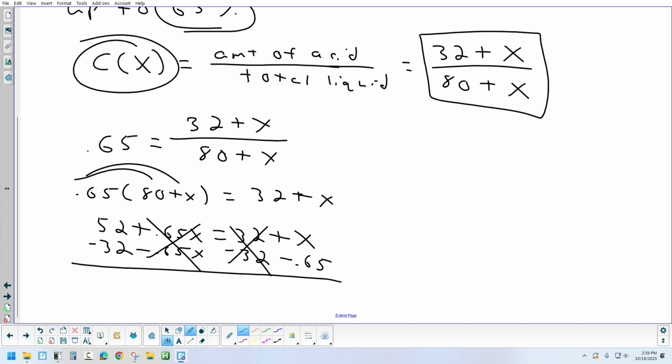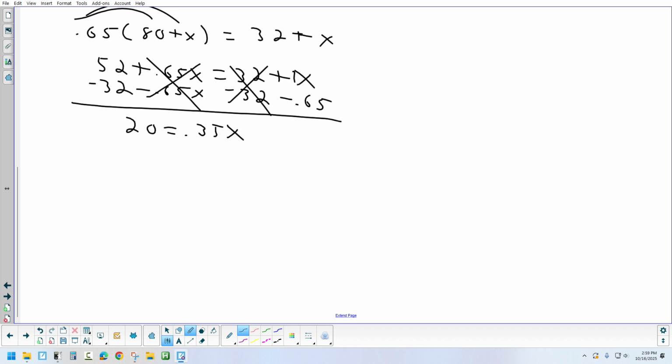52 minus 32 leaves me with 20. And what's 1x minus 0.65x? 0.35x. Okay. And what's the last step to get x by itself? Divide again.